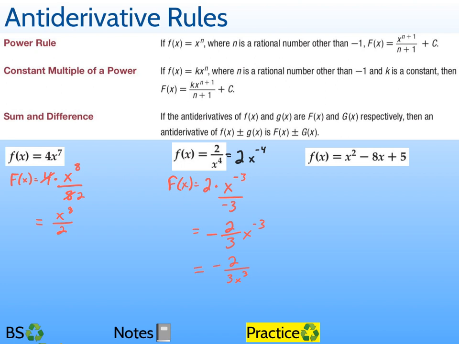And the last one, it's a polynomial, so we're going to treat each term separately and then put it all back together again. So the antiderivative of this is, the first term is x to the 3rd divided by 3, minus, we have 8 out front, and then we have x squared over 2, and then plus 5, and here's a little twist here, it's plus 5x.